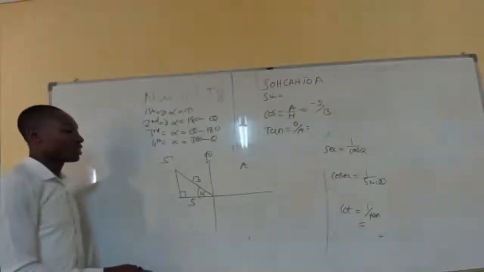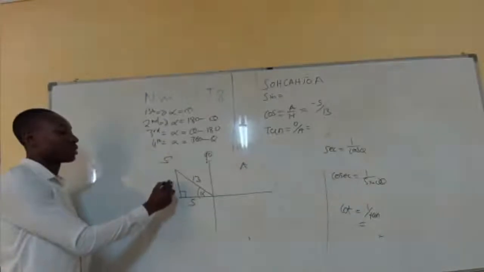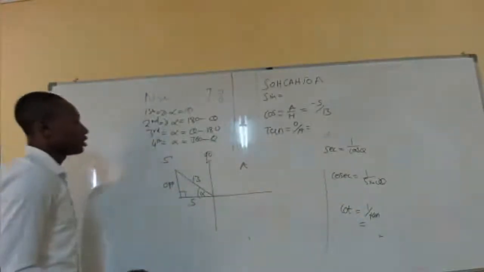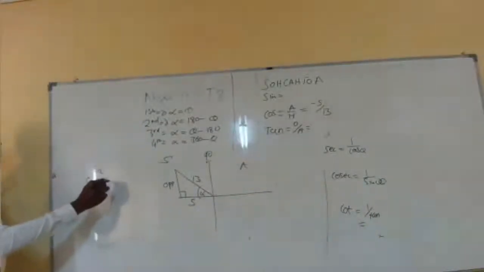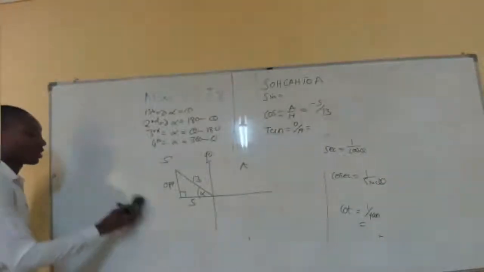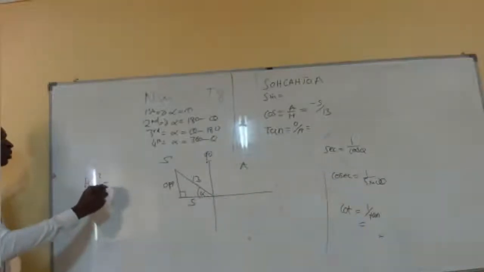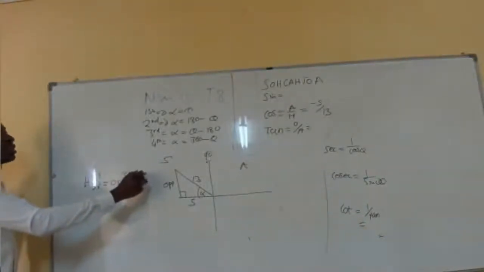What is missing is the opposite, right? So how do we find the opposite? We are still going to use the Pythagorean theorem. The hypotenuse squared is equal to opposite squared plus adjacent squared.